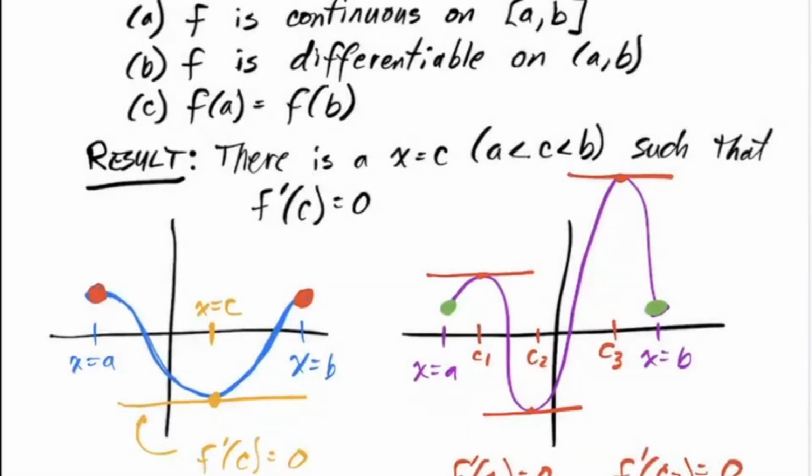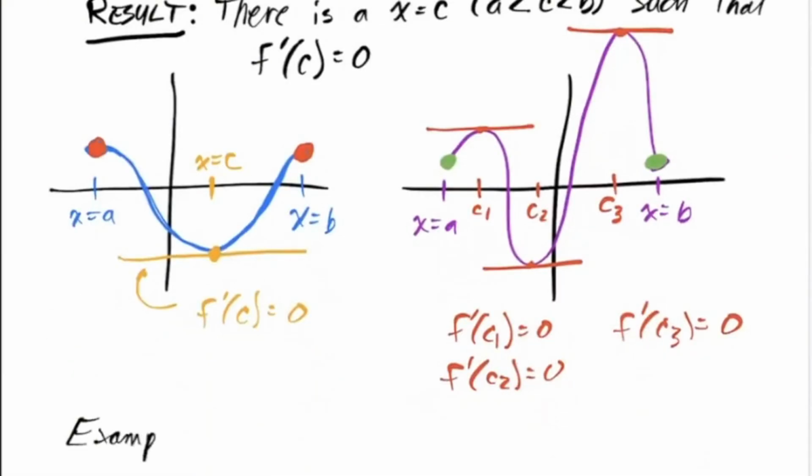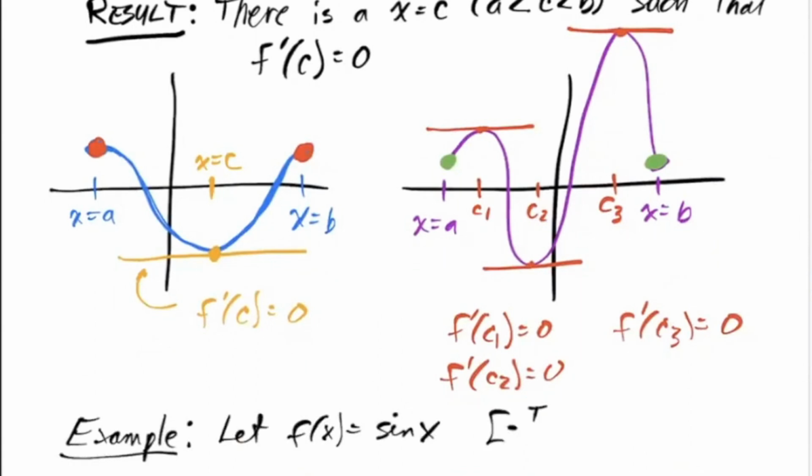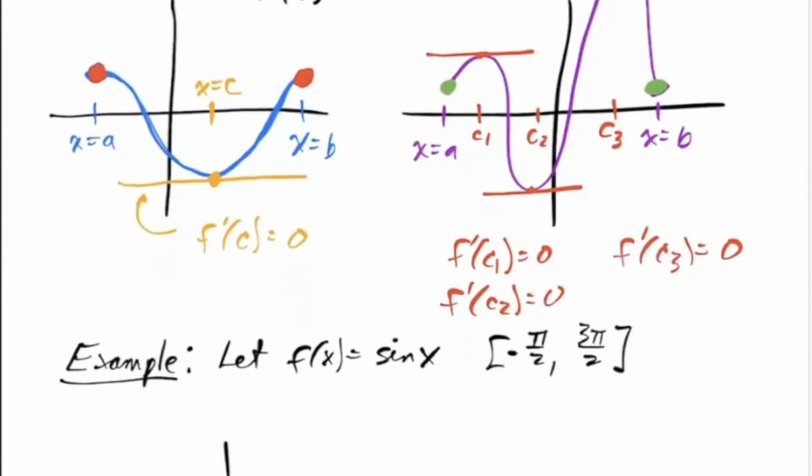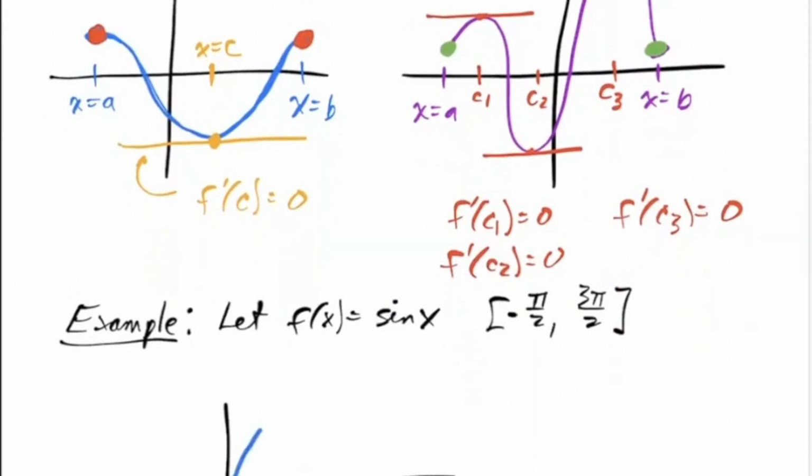Okay, let's look at an example with a specific function. So we're going to let f equal the sine function, and we're going to be on the interval from negative pi over 2 to 3 pi over 2. So what does the graph of the sine function look like? Well, it goes through the origin, and it's like a wave here, going up and down like that.